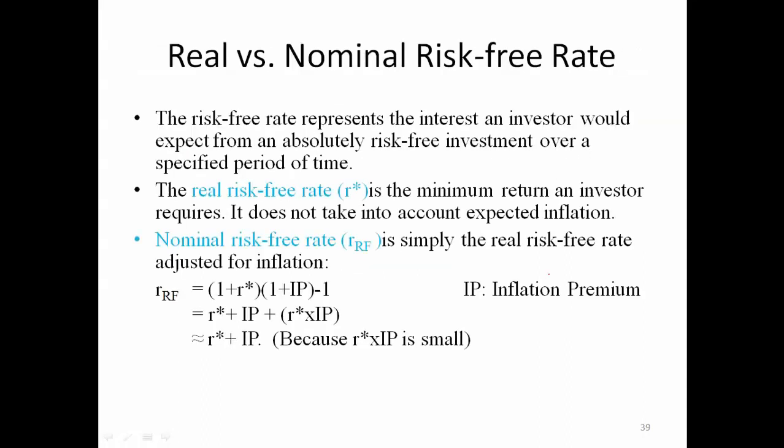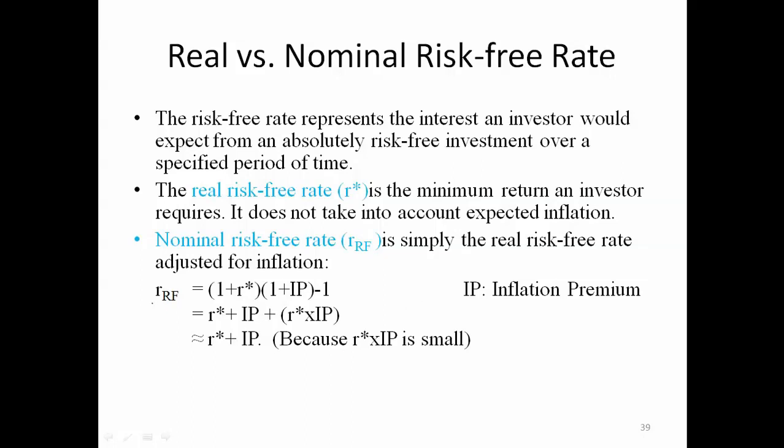The risk-free rate represents the interest rate an investor would expect from an absolutely risk-free investment over a specified period of time. The real risk-free rate R star is the minimum return an investor requires. It does not take into account expected inflation. The nominal risk-free rate is simply the real risk-free rate adjusted for inflation.